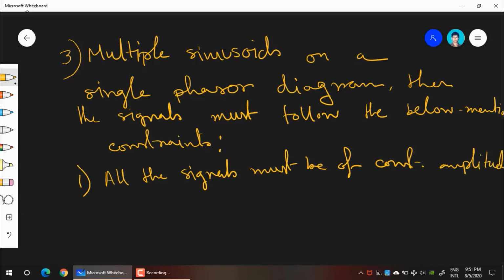The signals may have different amplitudes, that is not required to be equal. We can plot 100 sin omega t with 80 sin omega t. That is fine. We don't have any objection.